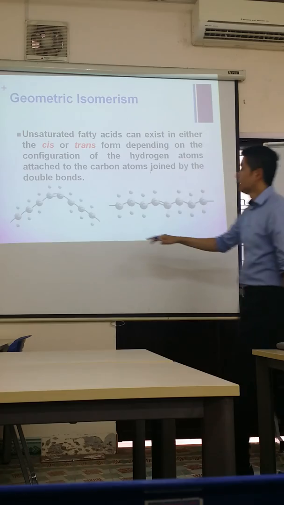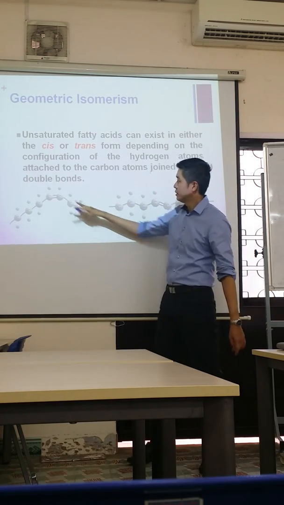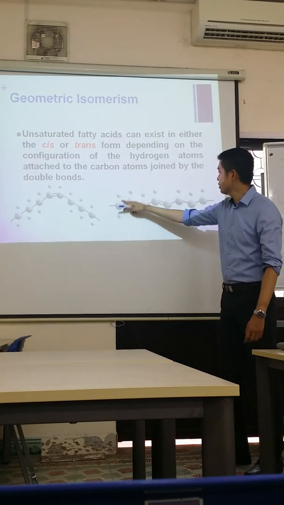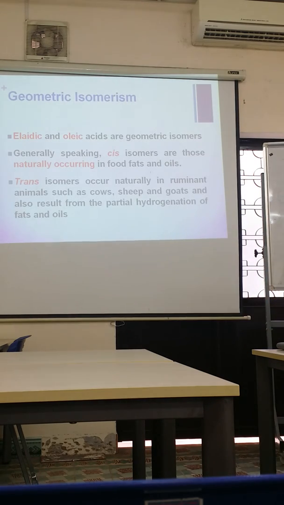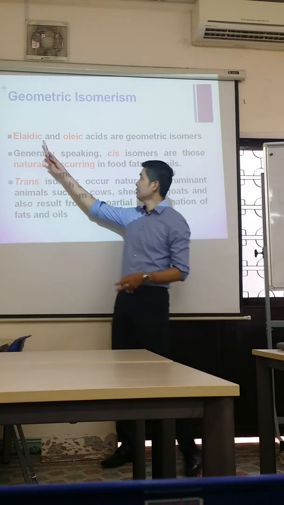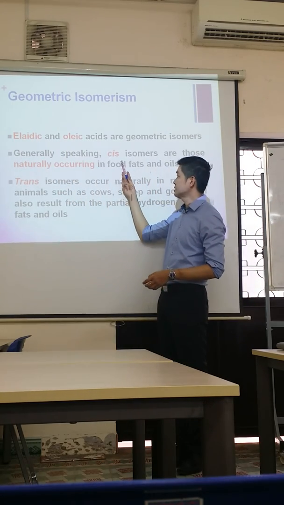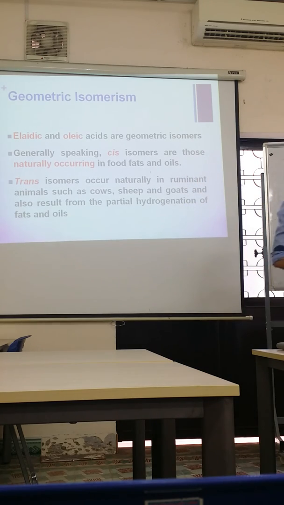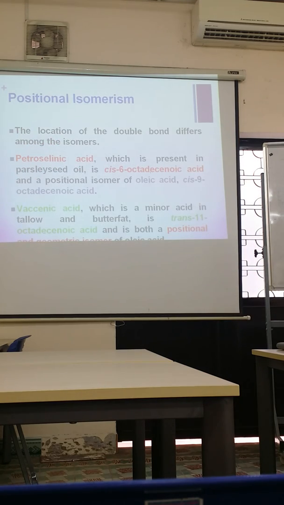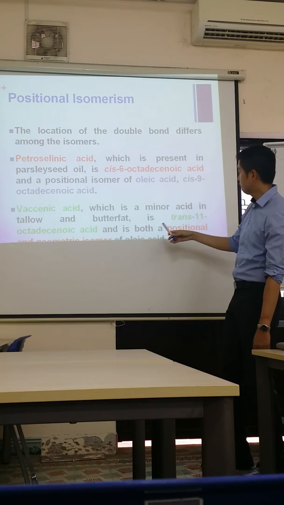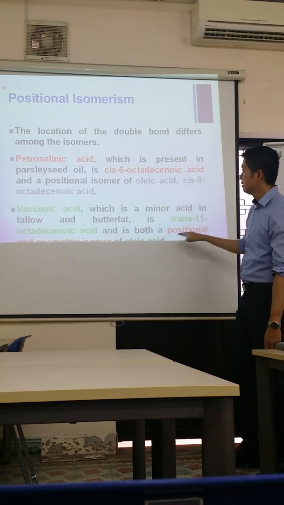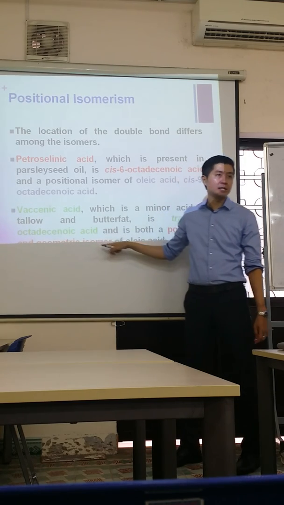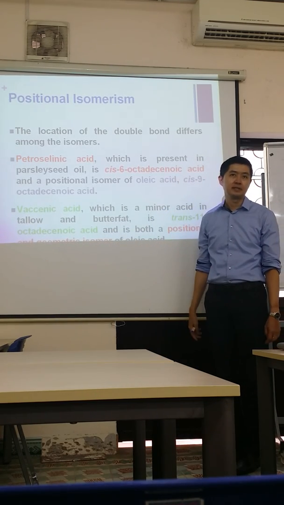These are cis structure, H H. These are trans structure, straight line. Okay. So I already mentioned elaidic and oleic are cis. Okay. Whereas if you take a look at vaccenic, it is both positional and geometrical isomer of oleic acid.